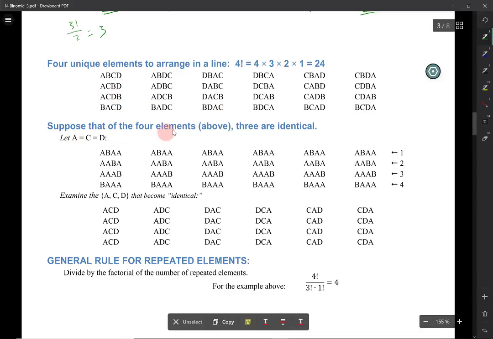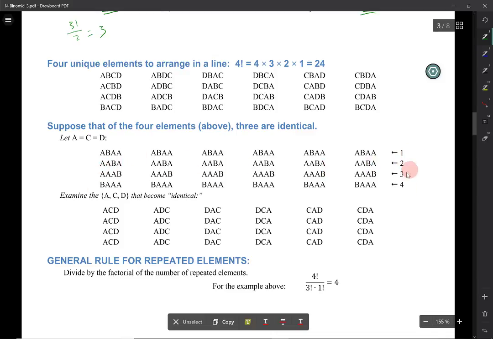Suppose that we have 3 that are identical. We'll set A equal to C equal to D, so that all that's different is A and B. In this one we set C and D equal to A, and we always set C and D equal to A. You can see that this first row collapses into being the same, this second row collapses into being the same, same with the third and fourth.